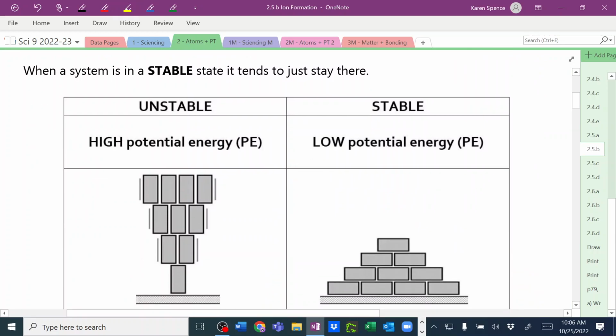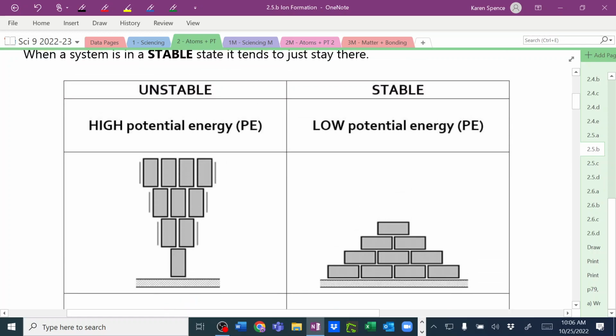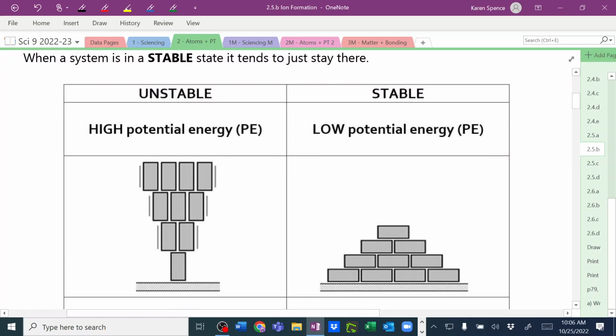When a system is stable, it just tends to stay there. If I've got the bricks piled up like this, are they going anywhere? No. But if I have them in an unstable position, they're probably going to fall down.